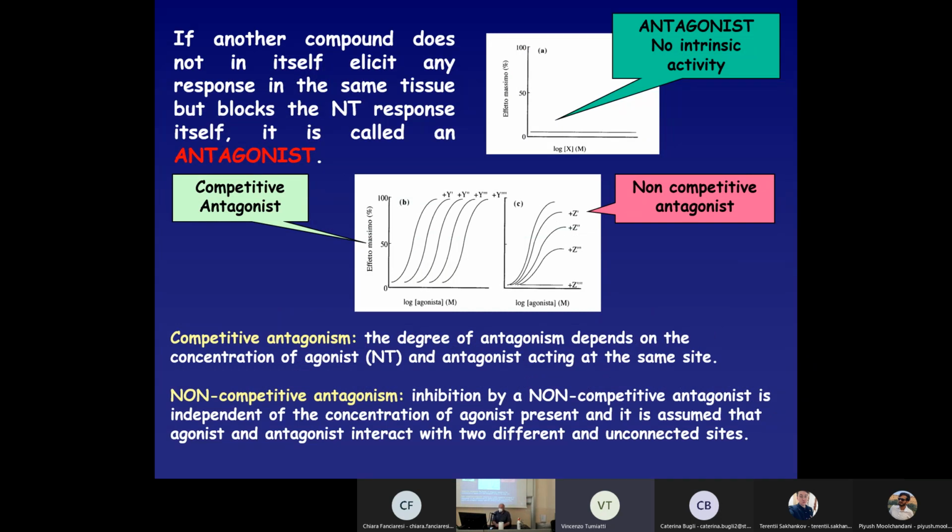The situation is also more complicated. Why? There are allosteric antagonists. This means that some antagonists can interact not with the active site, but with an allosteric site outside the binding site.